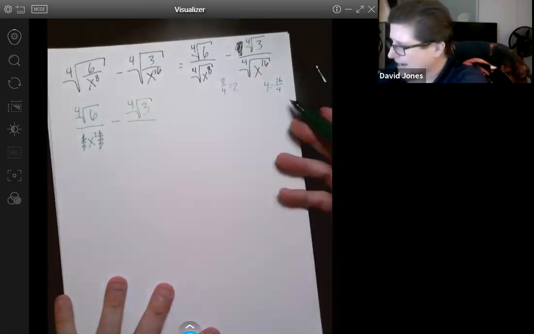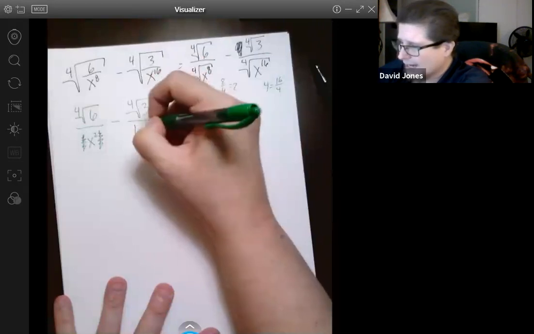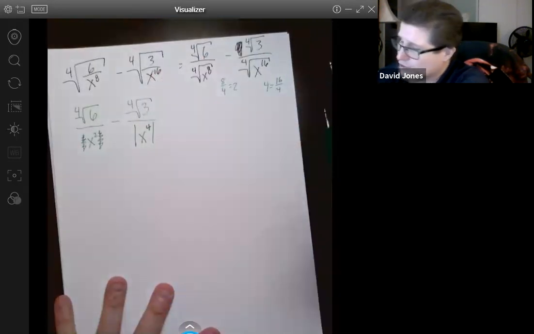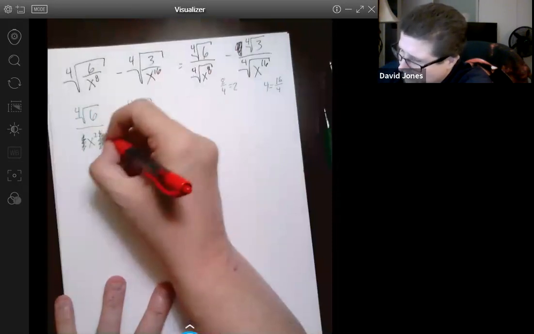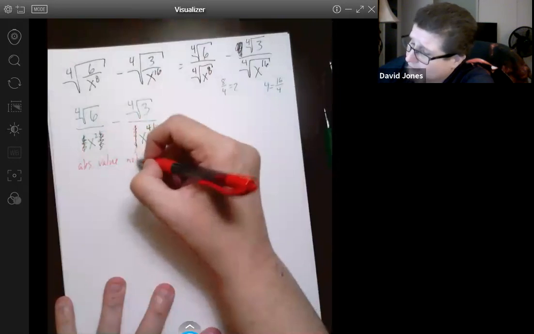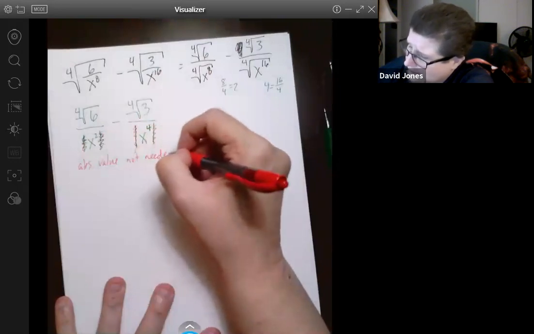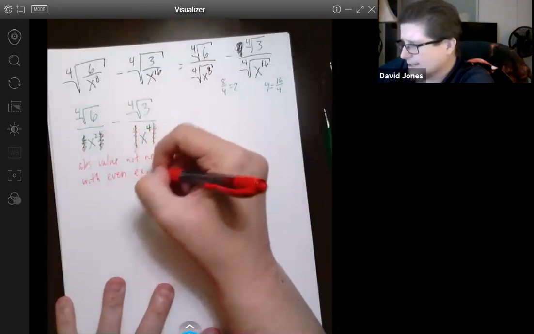So I've got the absolute value of x to the 4th. And again, 4 is an even power, so I don't need the absolute values. Not needed for even exponents.